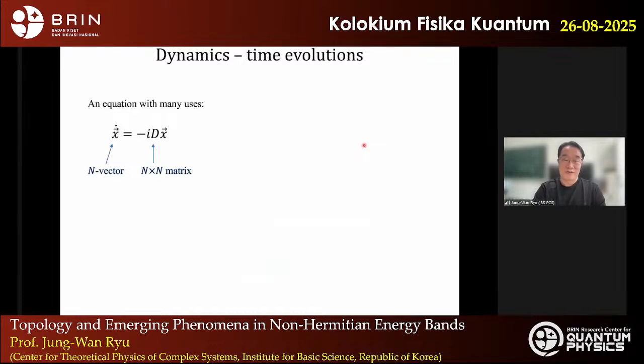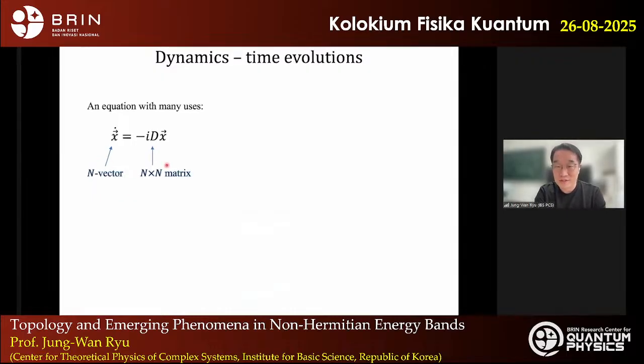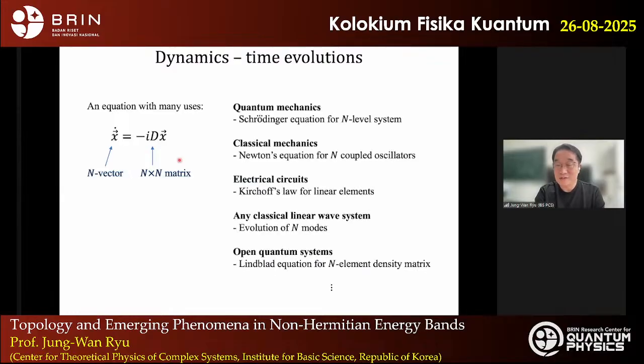Okay, I'll start from a very simple linear equation. X is an n column vector. This is an n by n matrix. This is a linear equation, and we can know the time evolution using this equation. And this equation can be used in various physical situations. In quantum mechanics, this is a Schrödinger equation for an n-level system. In conventional Hermitian quantum mechanics, this is a Hermitian matrix.